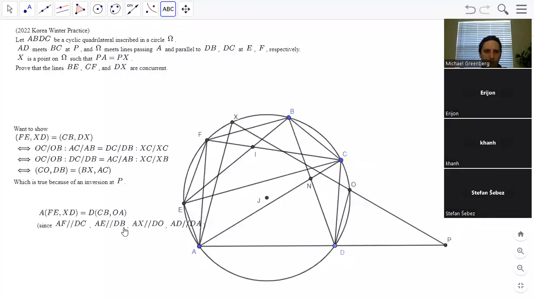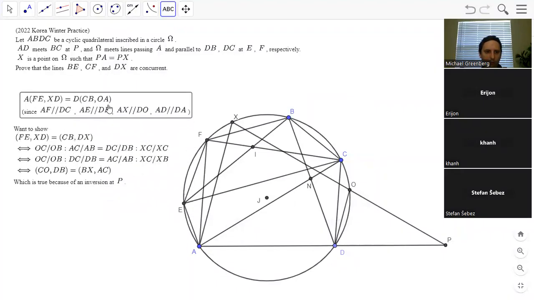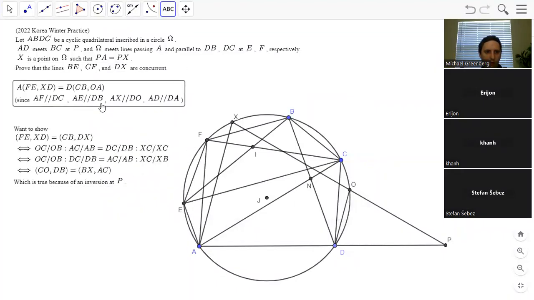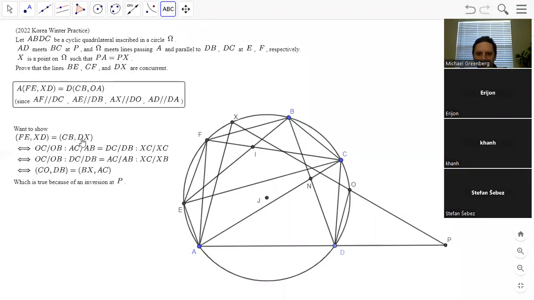So we have that that's true. And you use that. So that means that this is equal to this, CBOA. So are you saying CBOA is equal to CBDX?